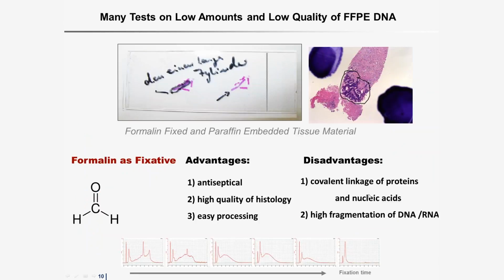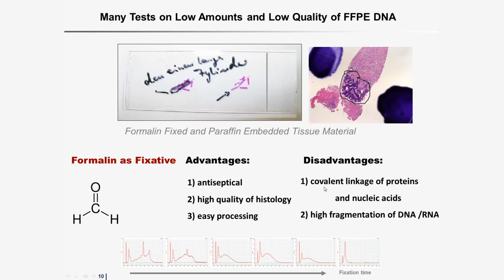So most of the tissue and cell material that we are processing in the pathology is formalin fixed, having the advantage that formalin is worldwide used and provides an extremely high quality of histology.